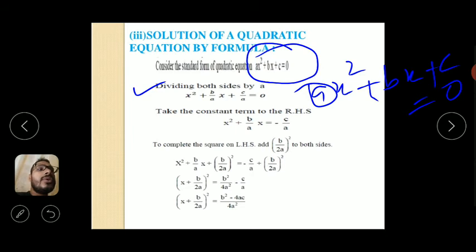In order to remove a, we have to divide both sides by a. If you divide each term of the left hand side by a, what you get is x square, then bx by a will be b by a x, and then plus c by a is equal to 0.